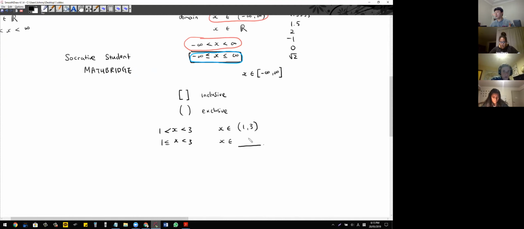Bracket, yeah, this empty bit here. Bracket, not blanket.